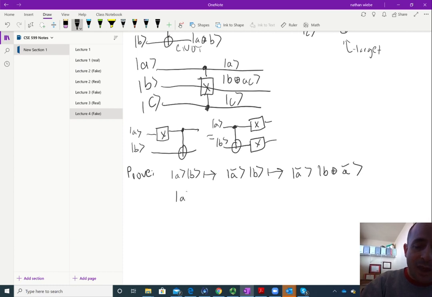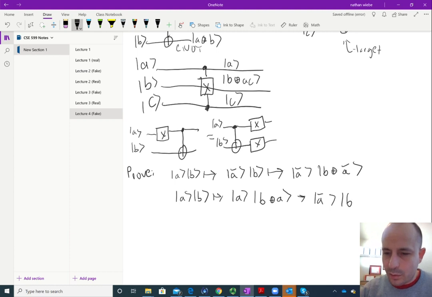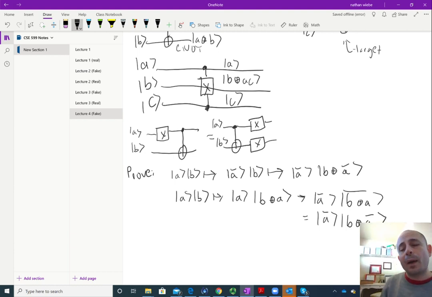On that side, we have A, B goes to A, B exclusive or A, goes to not A, B exclusive or A not, and that is equal to B exclusive or not A. So therefore, because this map has exactly the same action on both inputs, that is enough for us to say that we have precisely the same map.